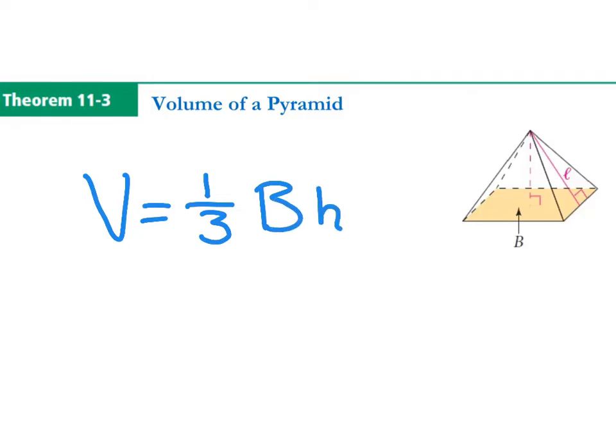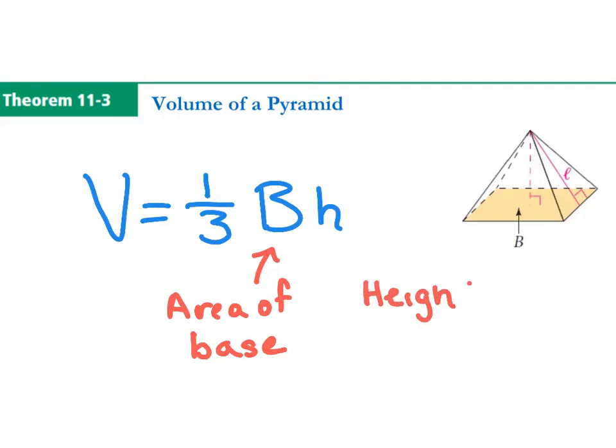So the B is the area of the base, and the H is the height of the figure, which in our case would be this vertical dotted line.